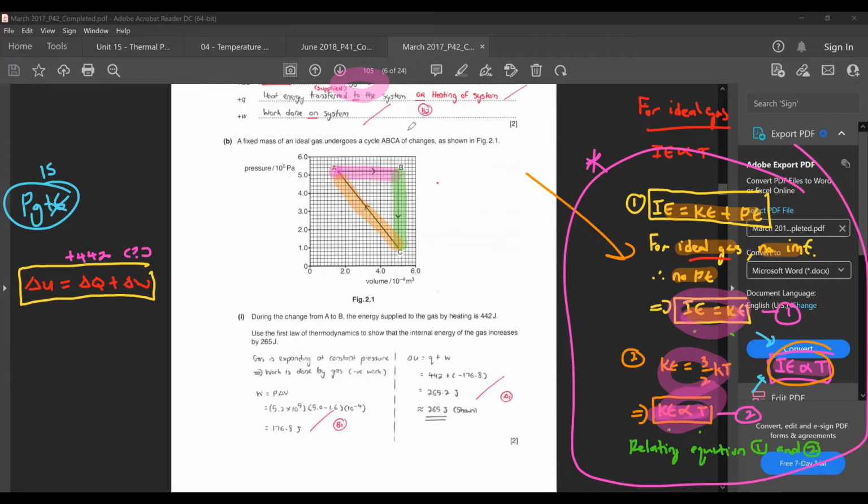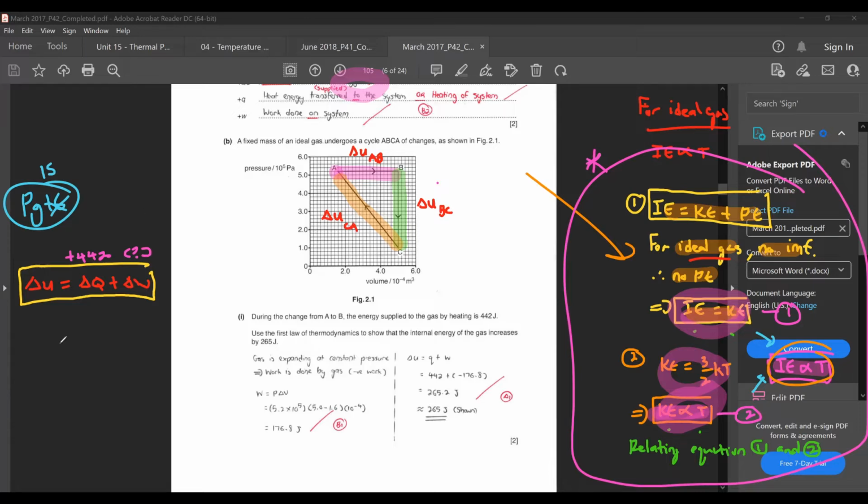So you could say that when it went from A to B, there was a change in internal energy from A to B. There's also a change in internal energy from B to C. And lastly, there's also a change in internal energy from C to A.